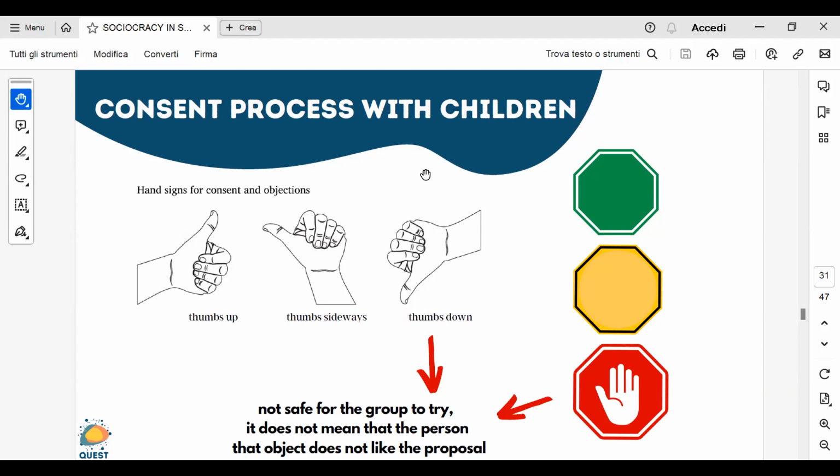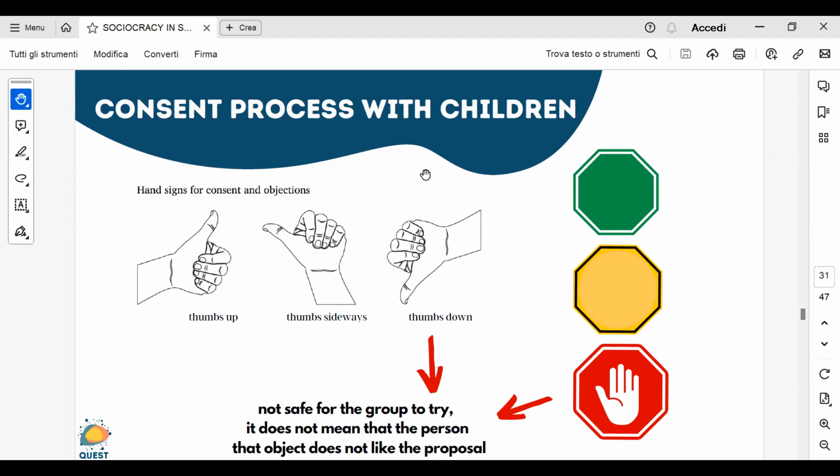The same thing can be done with posters. Some schools use posters: a green poster if they really love the proposal, yellow if they can live with it, red to stop it. It's very tricky, in particular for small students, to understand what an objection is.